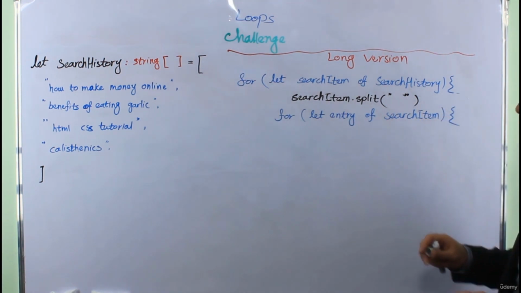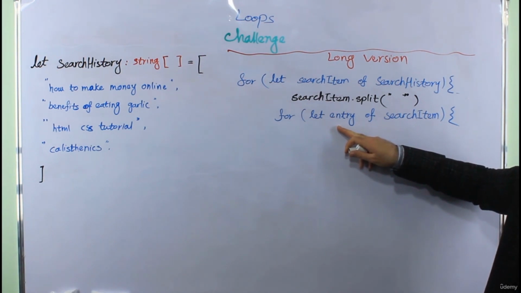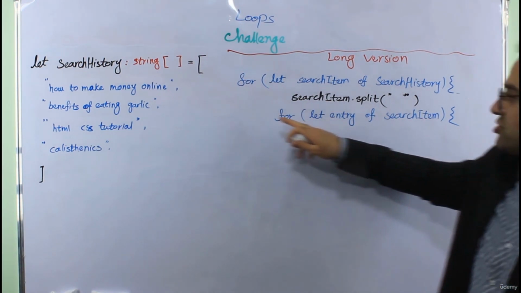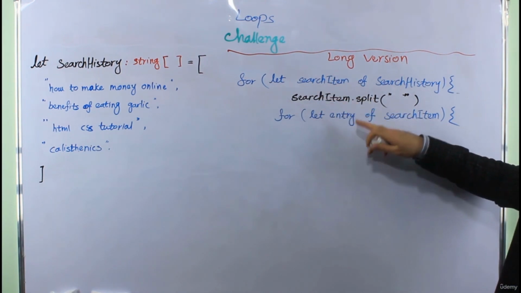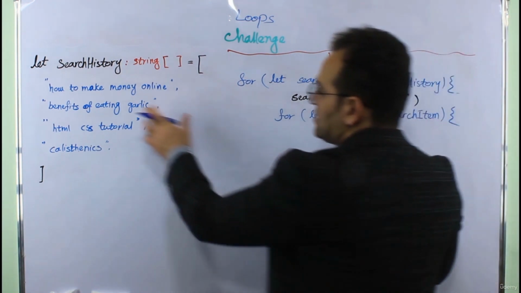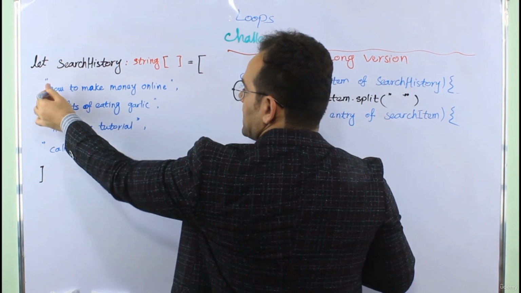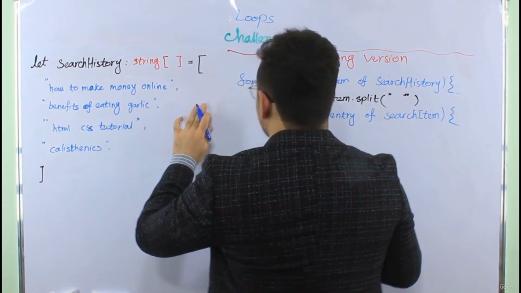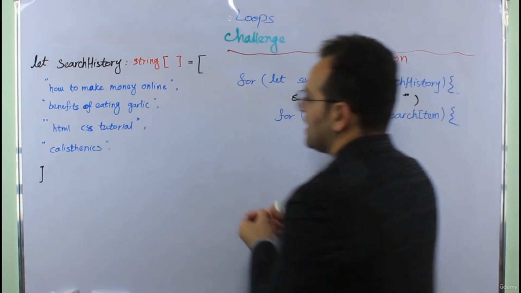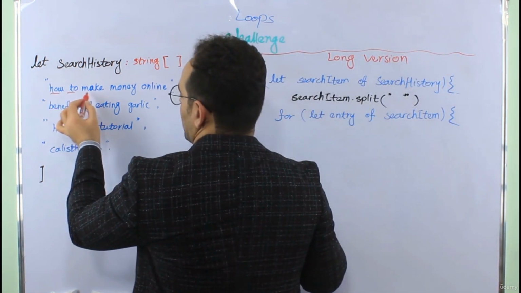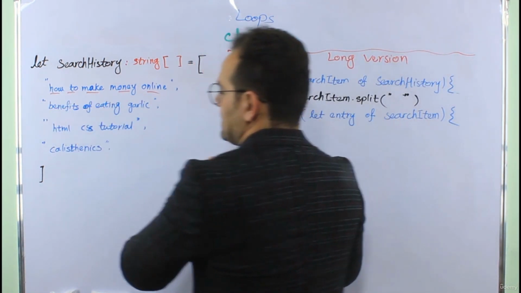As soon as we do that, we can take a look at the entry in the console as well, which is going to give us one of these words. Now when we are iterating through an array, we get individual items. So at this point, entry refers to every individual word.